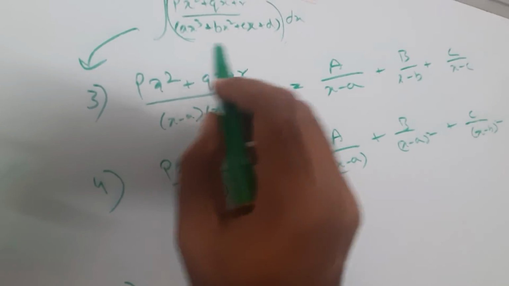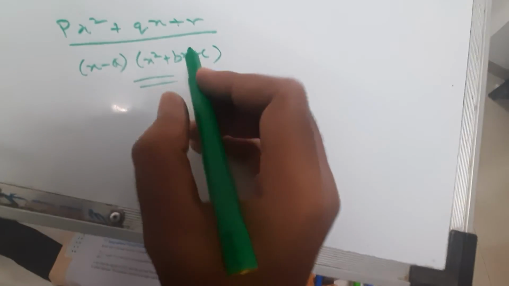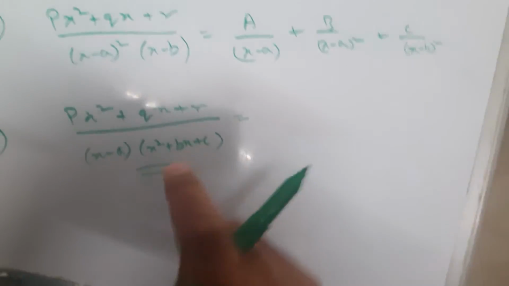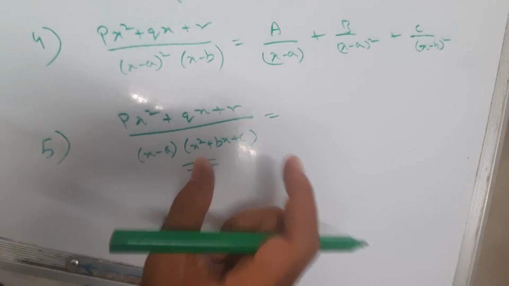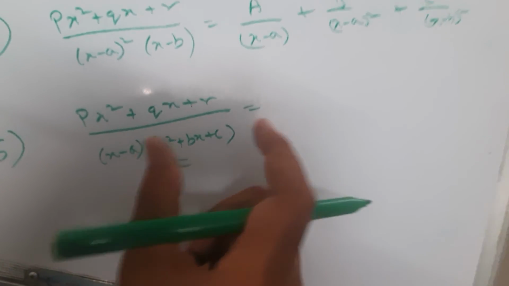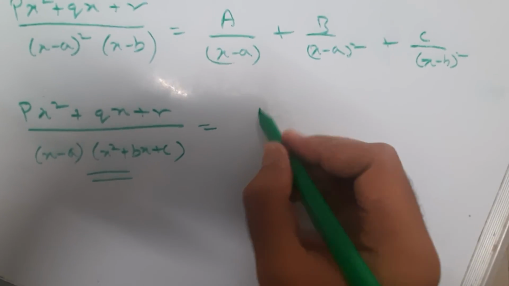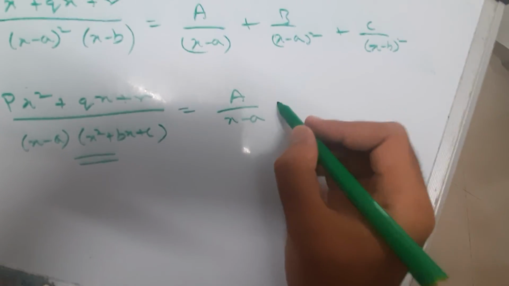After factorizing this, if you're getting something like this, meaning this quadratic doesn't factorize anymore, you don't have to worry when you find a question like this in the exam. People usually get frustrated because it looks kind of scary, but it's not. Watch this. You're going to take A/(x-a), the simplest part of this, easy, plus.